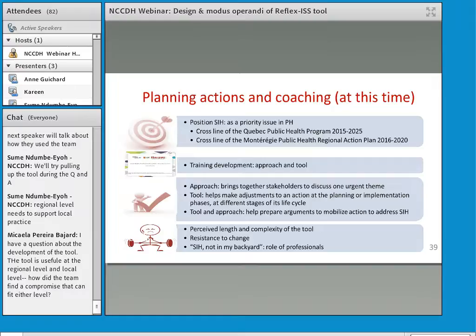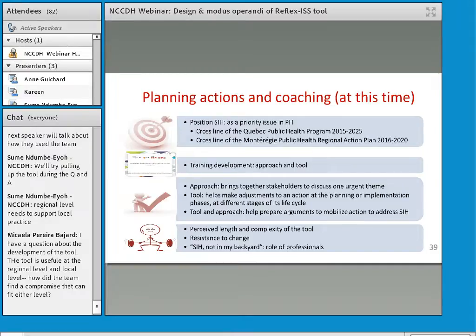Also, we tried to bring all stakeholders to discuss the urgency to act on this theme. We also made some adjustments in the action plan to really implement the tool. And we use the tool and the approach to mobilize action to address social inequality. So we really position this tool and the action as something really important.